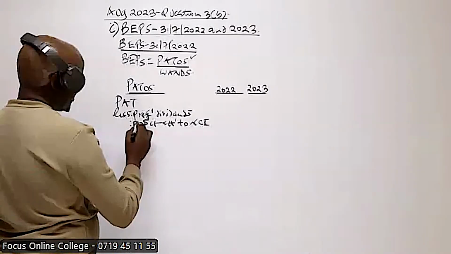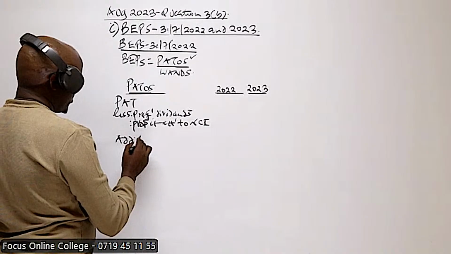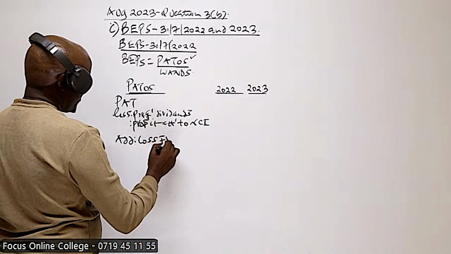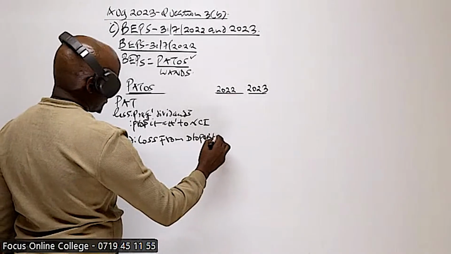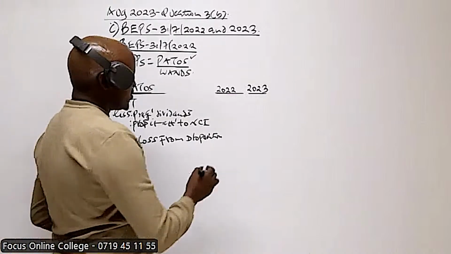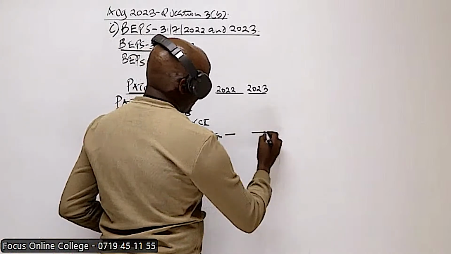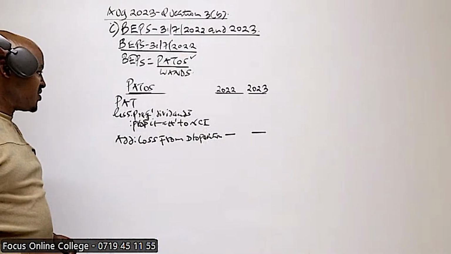And we add any loss from discontinued operations. If you check on that information which you have there, nowhere are we given information about discontinued operation. There is nowhere we are told there was a loss from discontinued operation.